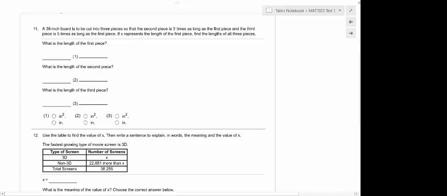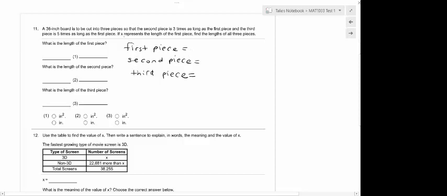So this is why I always recommend, I'm going to write down here: first piece, second piece, third piece, and we're going to come up with expressions for each of them involving X in some way, and then we'll create the equation. I know it's an extra step, but it allows you to most likely get the right answer. It also helps you at the end to figure out all of your answers.